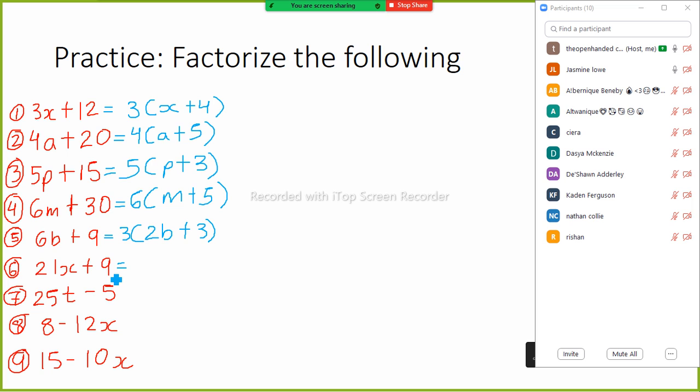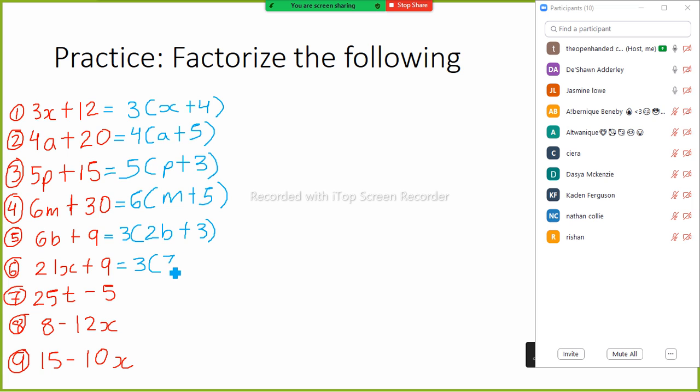Okay, so use 3. So it'll be 3 open bracket, what? What times 3 is 21? I would say 7x plus 3.